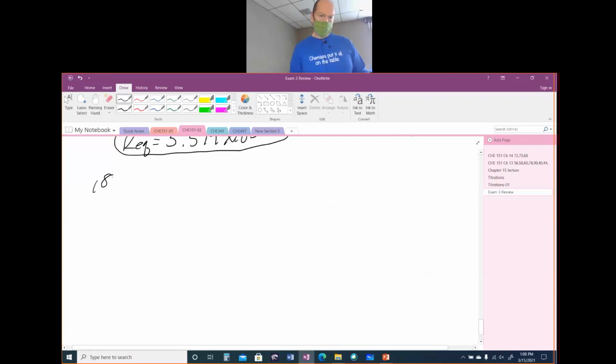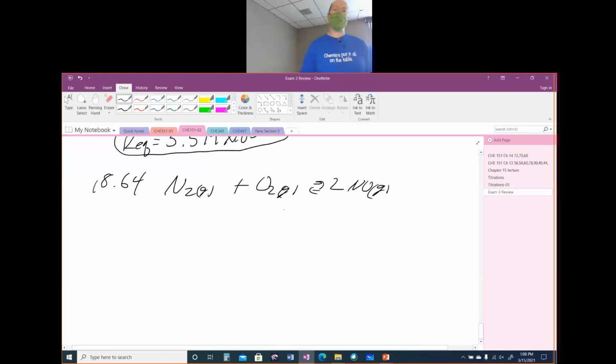18.64. All right, so use the table to do this one. This one is nitrogen gas plus oxygen gas yields 2 NO gas. Now here's one where you have two gases going to two gases. And so you would say that your delta S is essentially 0.